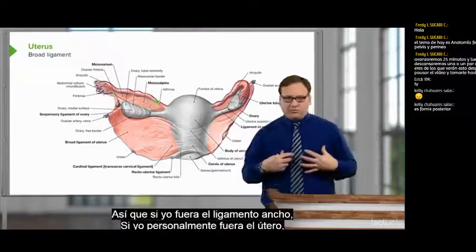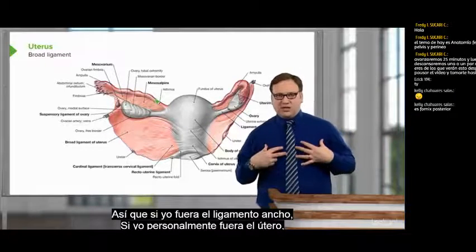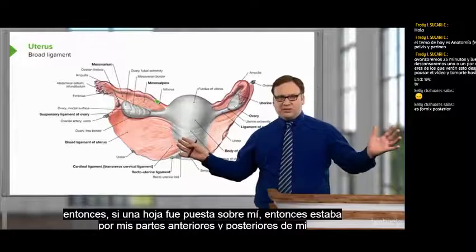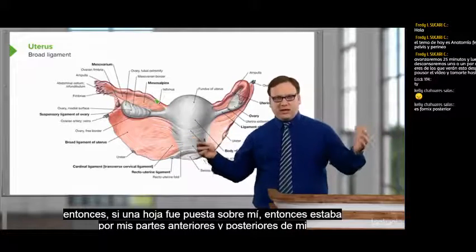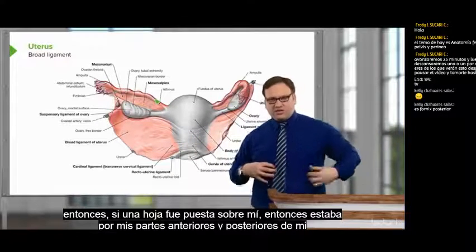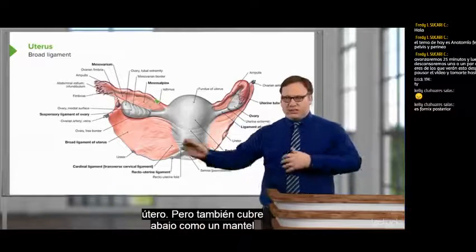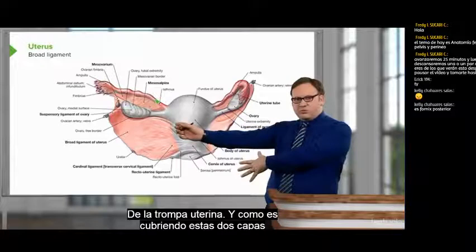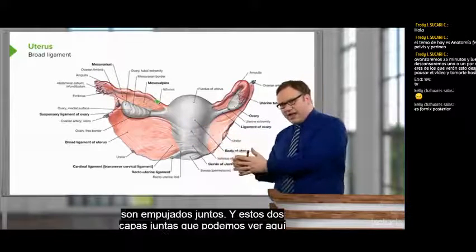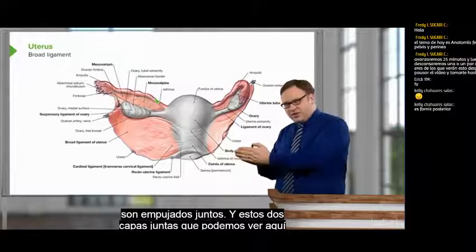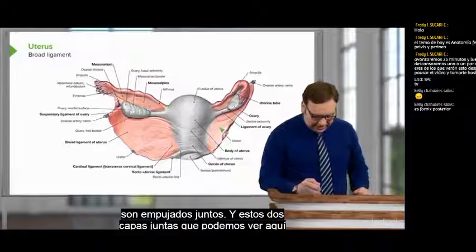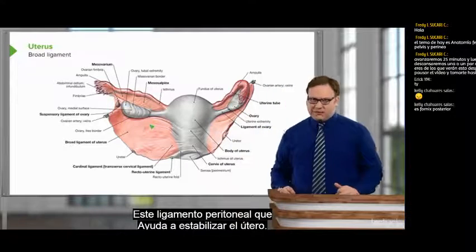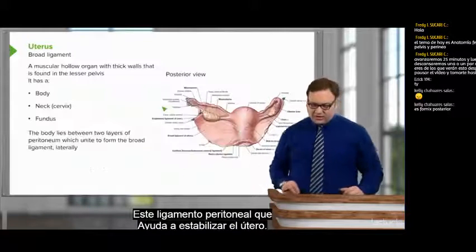So if I personally was the uterus, and my arms could be the uterine tubes, then if a sheet was put over me, it'd lay down my anterior and posterior parts of my uterus, but it also drapes down like a tablecloth from the uterine tube. And then as it's draping down, these two layers are pushed together. And these two layers together, which we can see here and here, is the broad ligament. This peritoneal ligament that helps to stabilize the uterus.